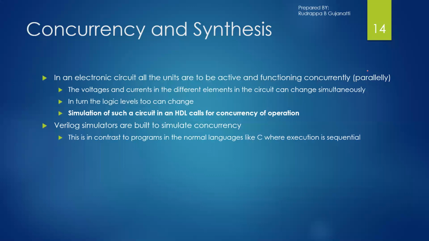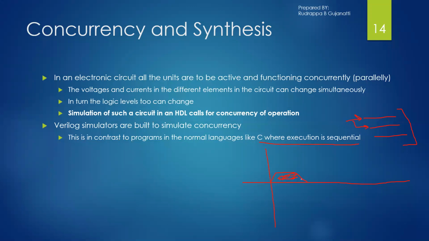Now we have Verilog simulators that help us achieve this concurrency operation. This is the difference from programming languages such as C, where the statements are executed sequentially. That is, if there are statements 1, 2 and 3 in a C program, only after the first statement is executed does the next statement get executed. If I represent it on a timing diagram, the first statement is executed and some operation is performed in this time cycle.